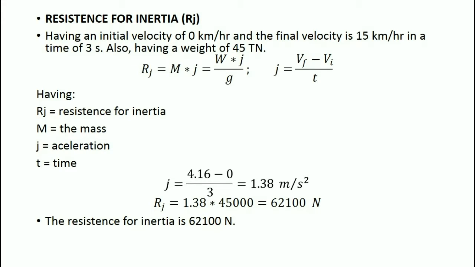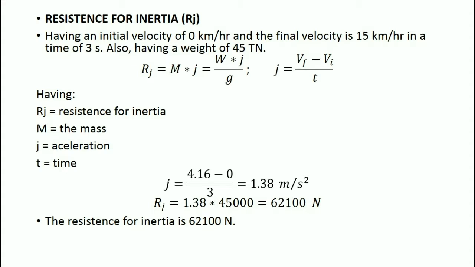Continuing with the explanation, I will talk about resistance to inertia. Having an initial velocity of 0 km/h and the final velocity of 15 km/h in the time of 3 seconds. Also having a weight of 45 tons.